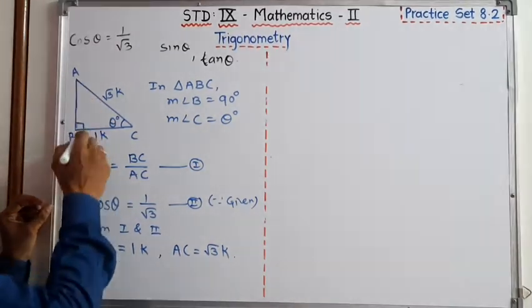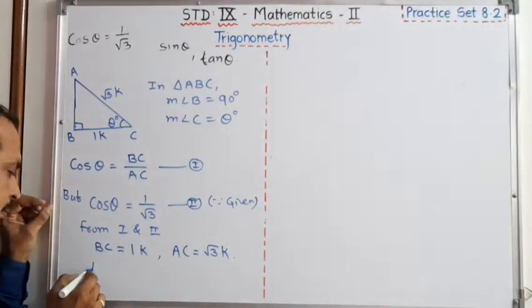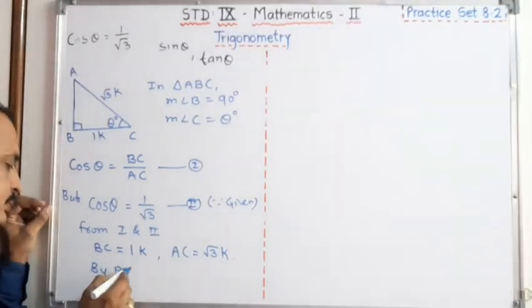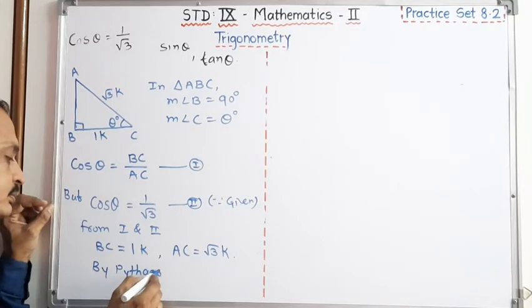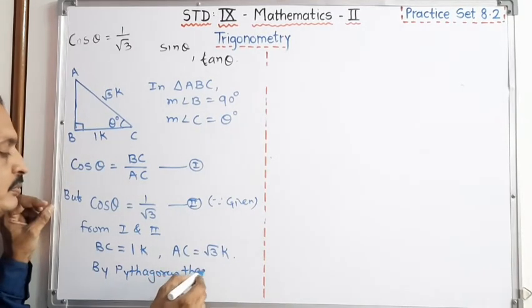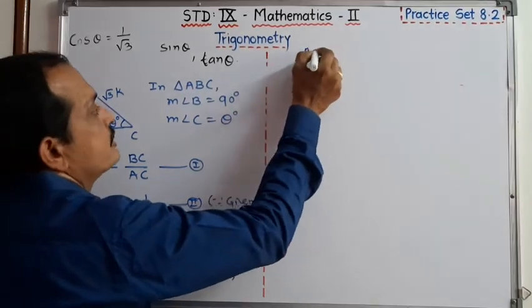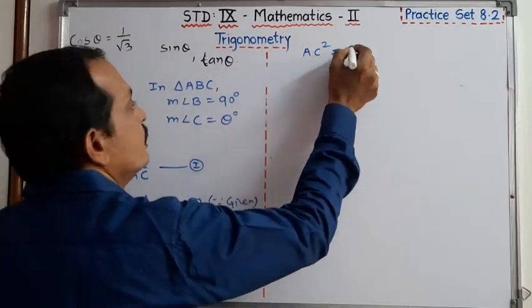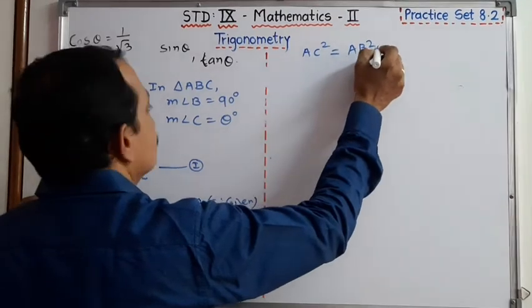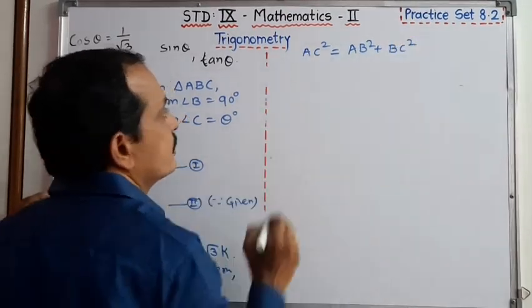Now we have to find out AB. Then by Pythagoras, we can apply AC square is equal to AB square plus BC square.